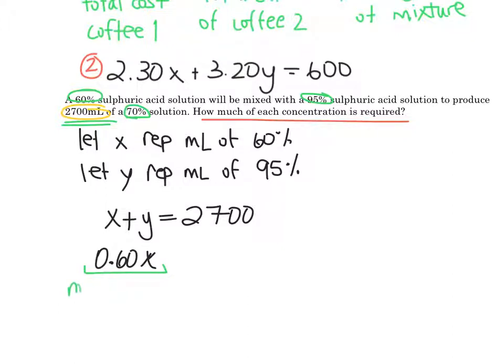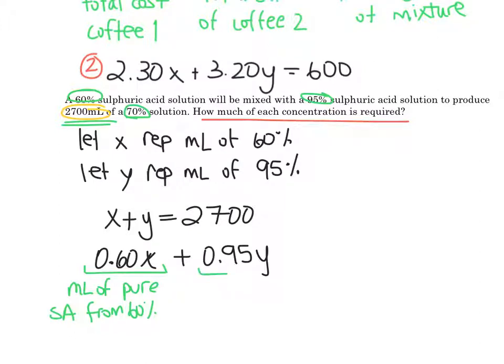This is going to represent milliliters of pure, I'm just going to call it SA, sulfuric acid from the 60% solution. Then my second one is 0.95, so 95% of Y milliliters. This is going to represent the milliliters of pure sulfuric acid from the 95% solution.